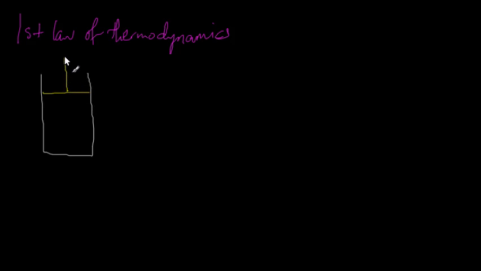So this side can move up or down, and I have all these molecules of the gas inside. Just to make it easy, I'm going to think of this as oxygen gas again. So that's my oxygen gas.